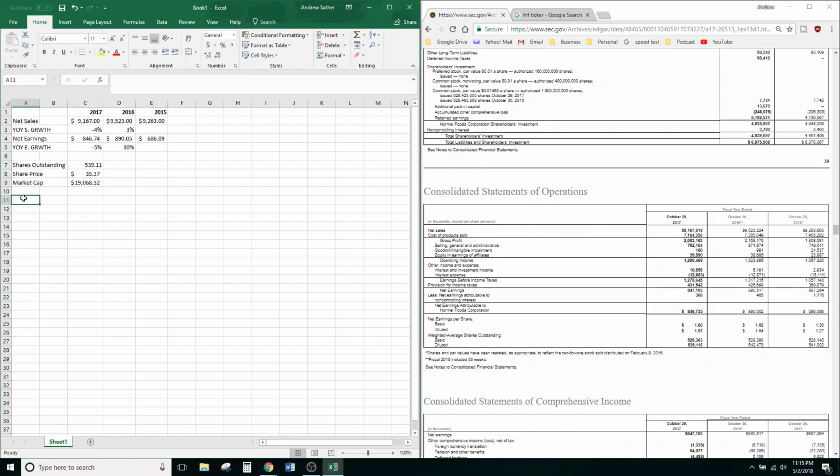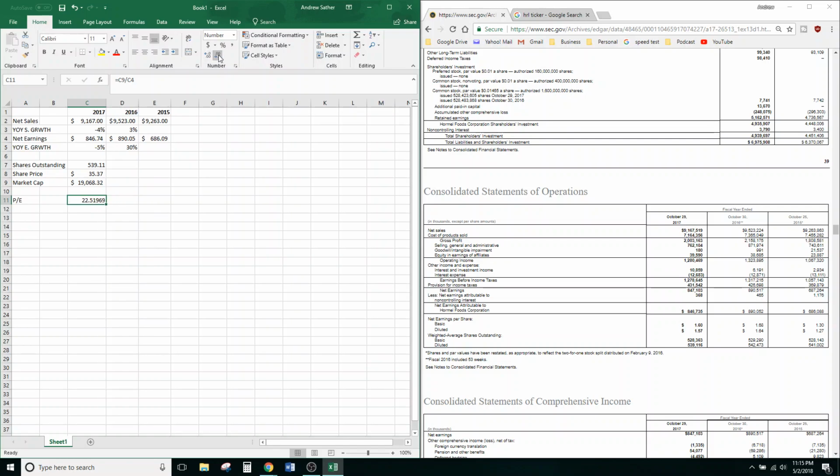All right. So price to sales, pretty simple. Let's do price to earnings first. That's just going to be your market cap divided by the earnings. You can see it's quite simple. Remember, price to earnings just means price divided by earnings. The market cap is the price of the total stock.